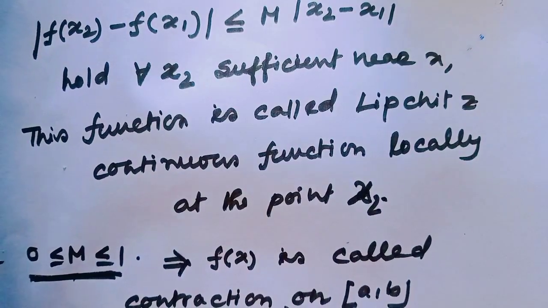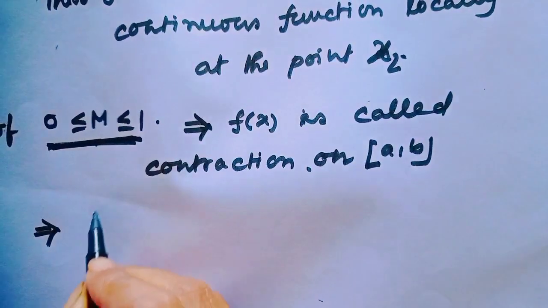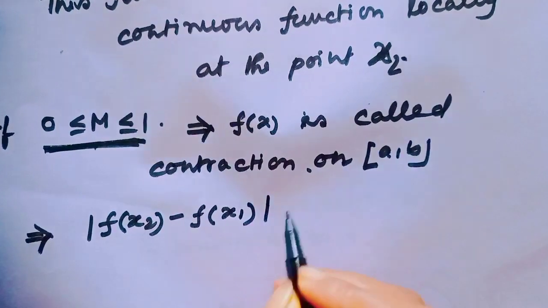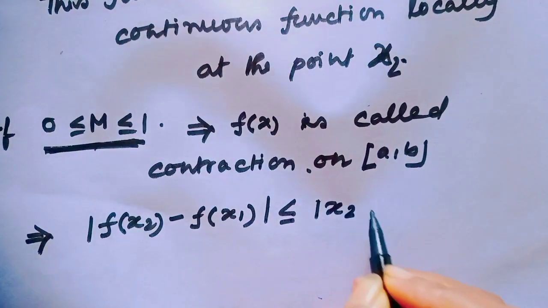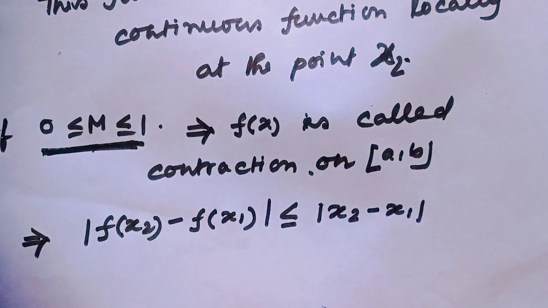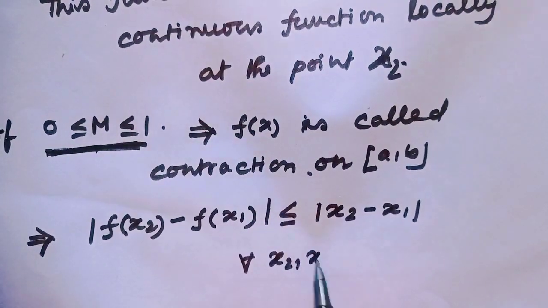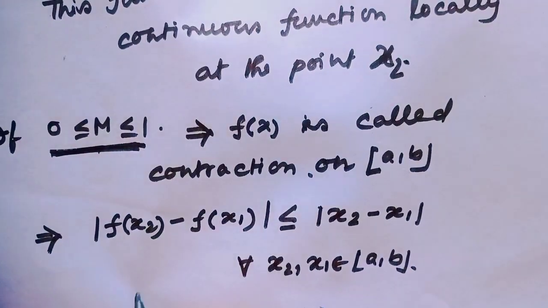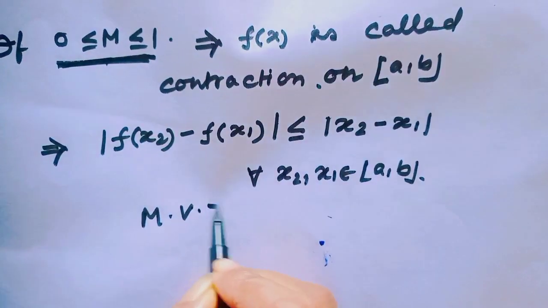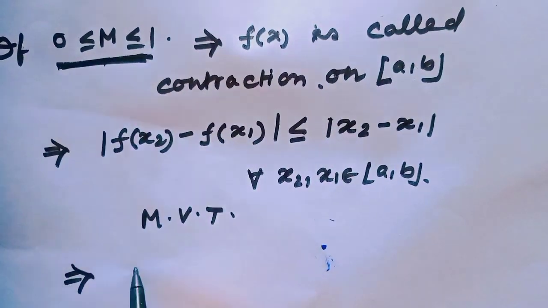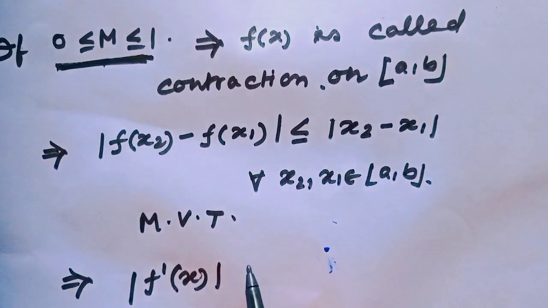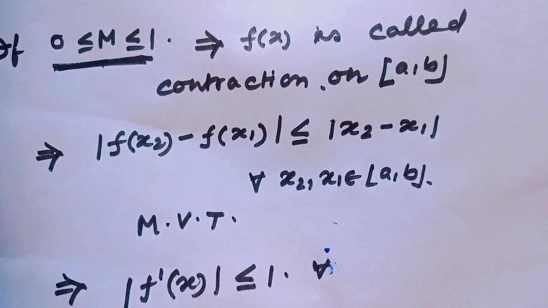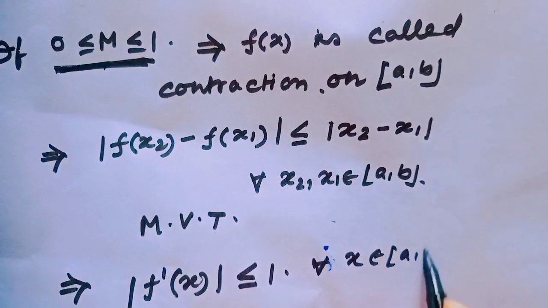That implies the absolute value of f(x2) minus f(x1) is less than or equal to the absolute value of x2 minus x1, for all x2, x1 belonging to the closed interval [a, b], and if you apply the mean value theorem, then we can tell the absolute value of f prime of x is less than or equal to 1 for all x belonging to the closed interval [a, b].